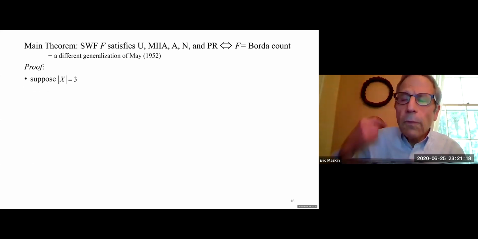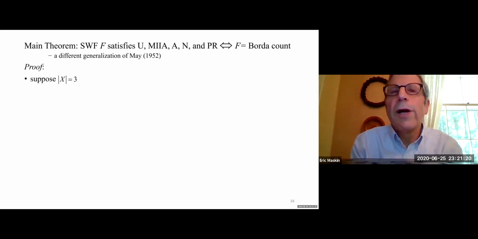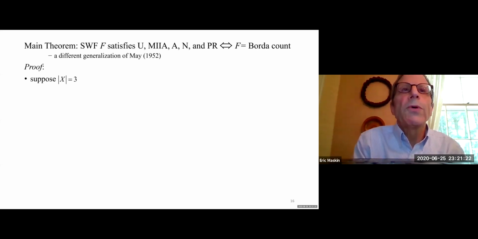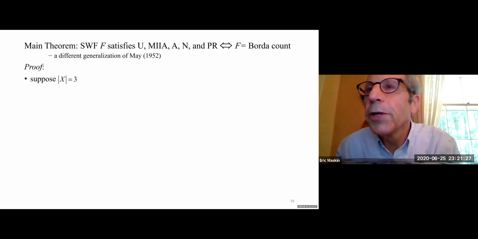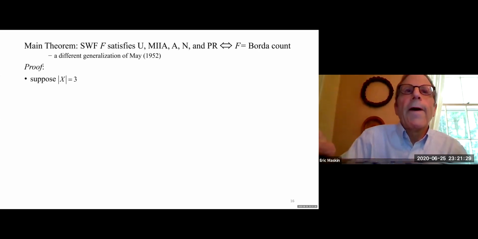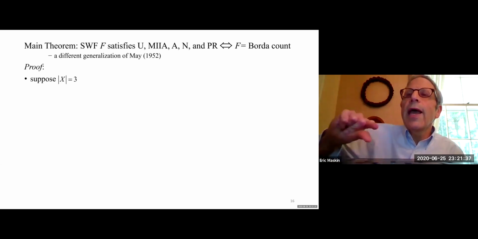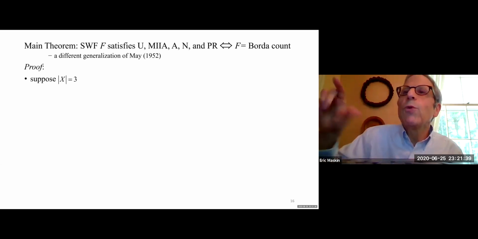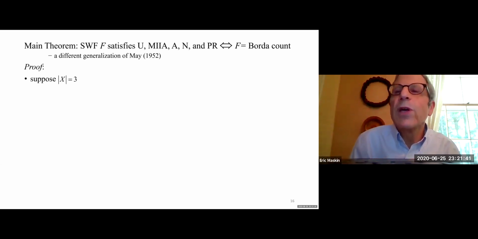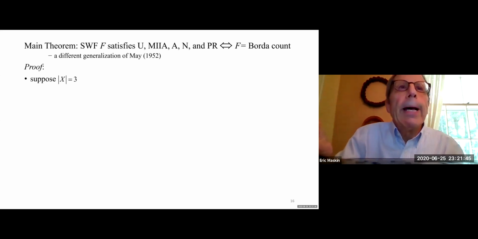To do that, I'm going to concentrate on the case of three alternatives. Two alternatives was already settled by May. Notice that the Borda count and majority rule are the same for two alternatives, so it's only when there are three alternatives or more that you get a difference.